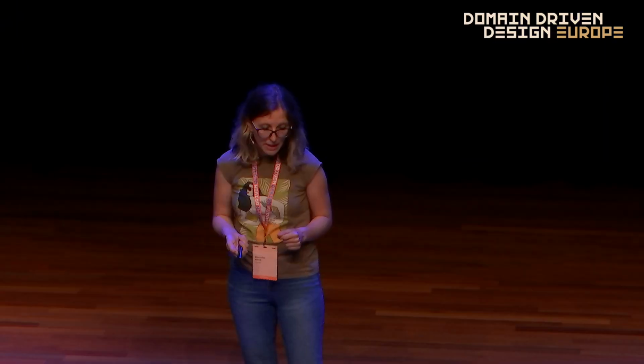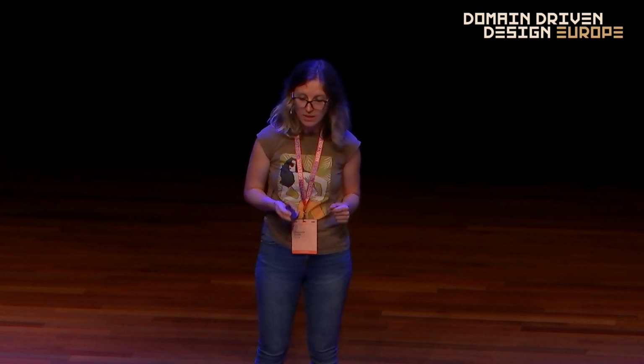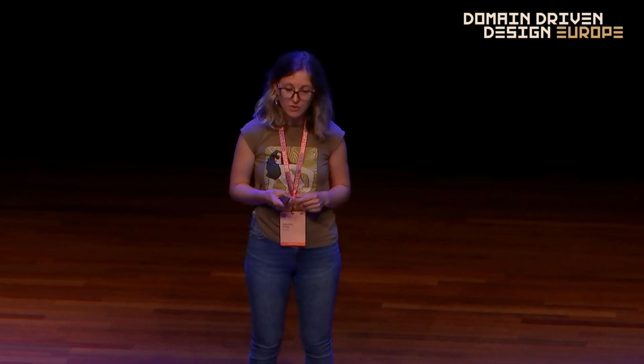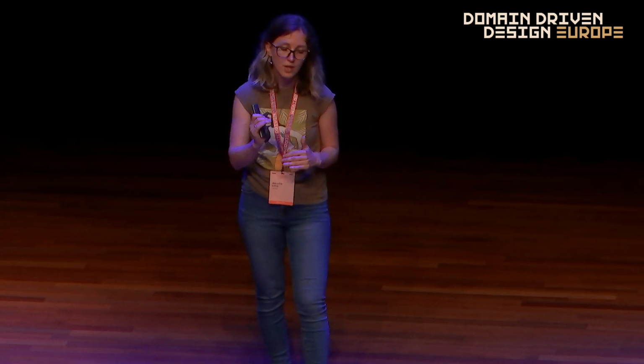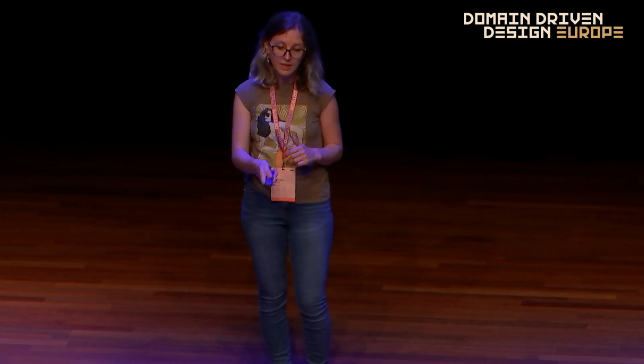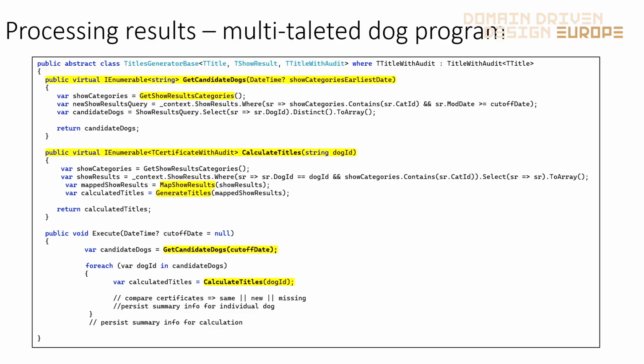So we made another refinement. And again, that was rather simple. So from that template method, we extracted two additional methods that would get us candidate docs and actually calculate the titles. So those few lines were previously existing in that execute method.